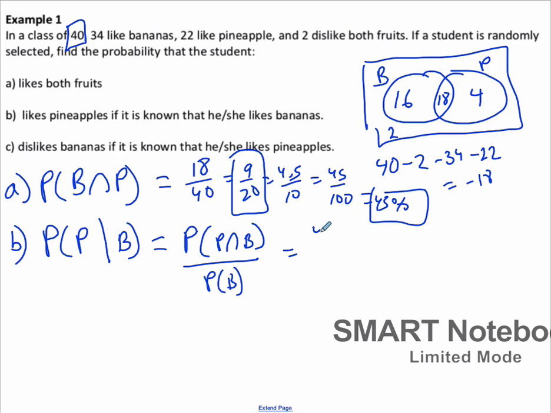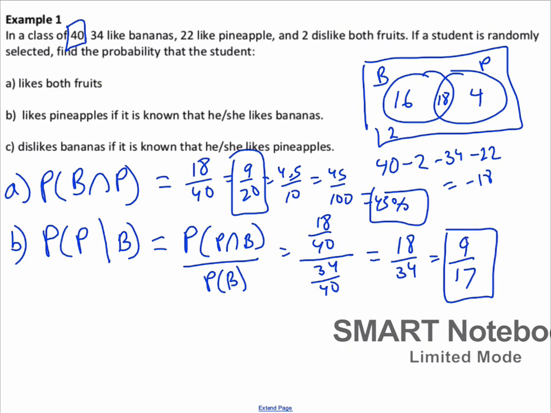So our answer from part A is 18 out of 40, I'm going to use the unsimplified version, sometimes that's a bit more useful. Probability of banana is 34 out of 40. So keeping it out of 40, the 40s cancel. So it's 18 out of 34, which equals 9 out of 17.